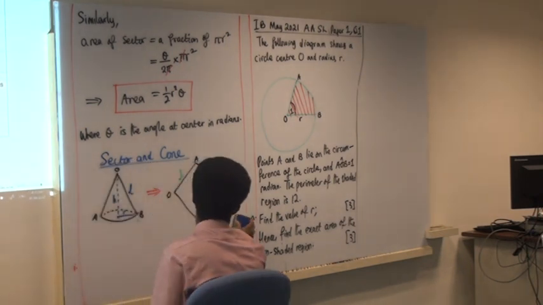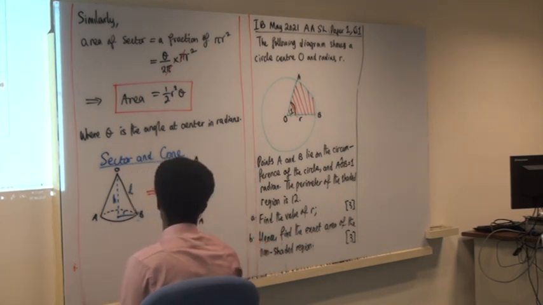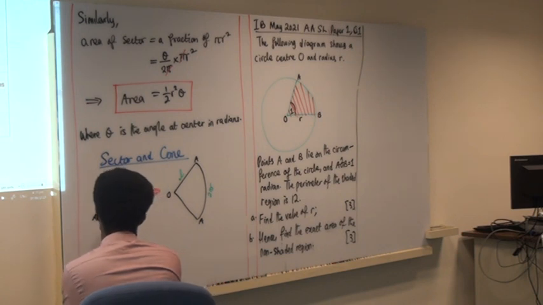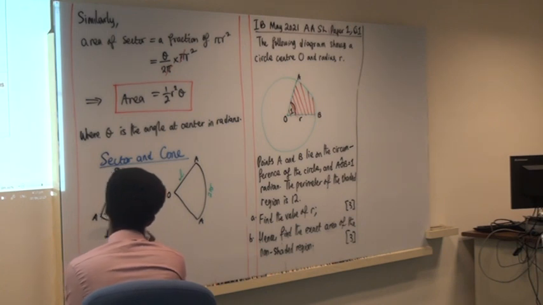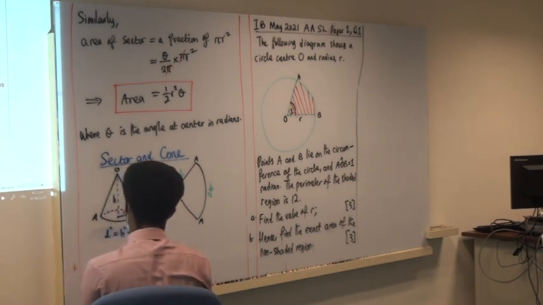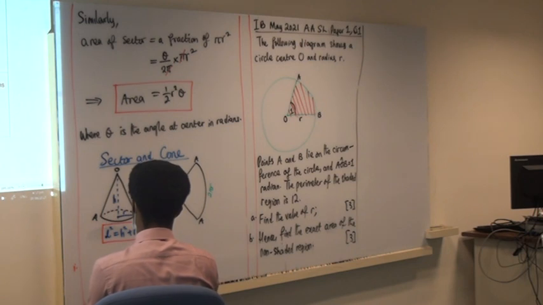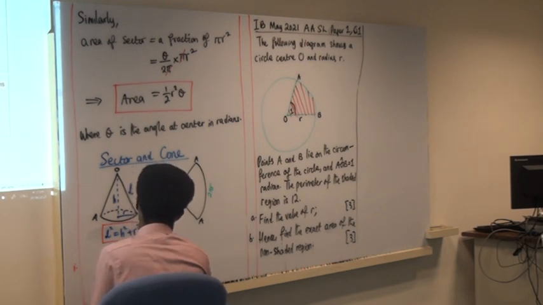Use this one. Theta is theta. No. We need to find the length of arc. The length of arc, we use the circumference of the base of the cone. You get me, bro?